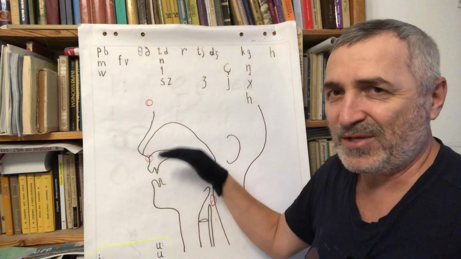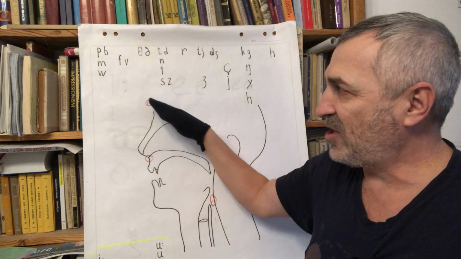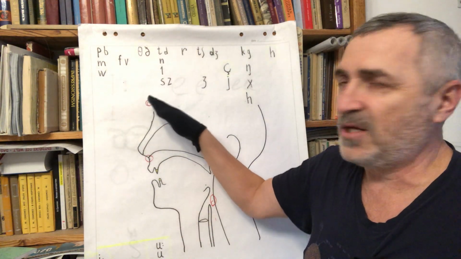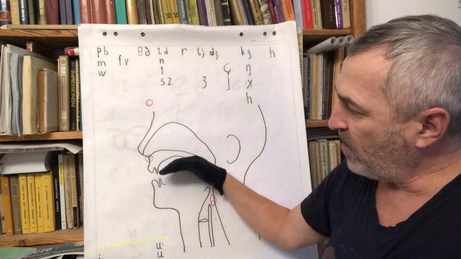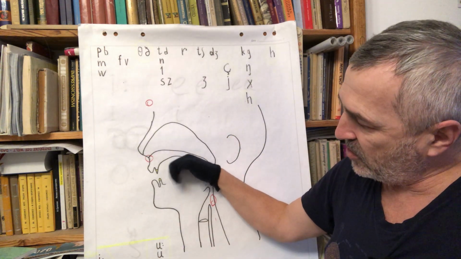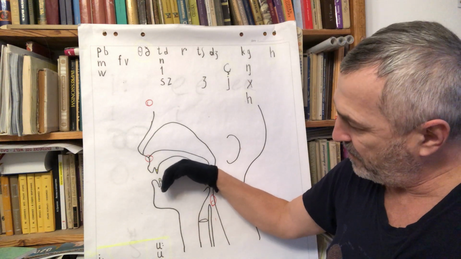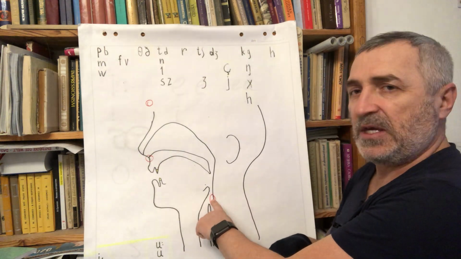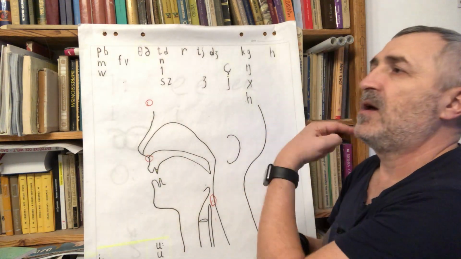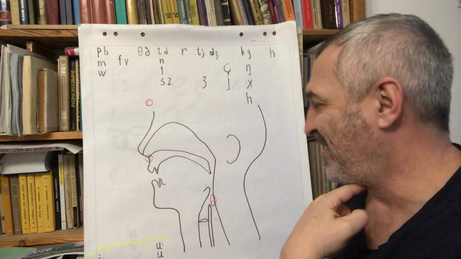So the whole acoustics will change, just because we change the decoy, and most importantly, we change the focusing. For the German language, we turn the tongue down, even more like this. The focusing for German will be here in the throat, at the back, on the other side of the throat.